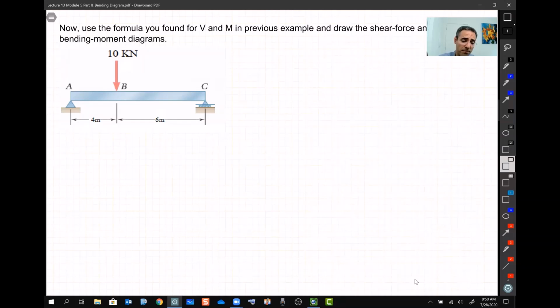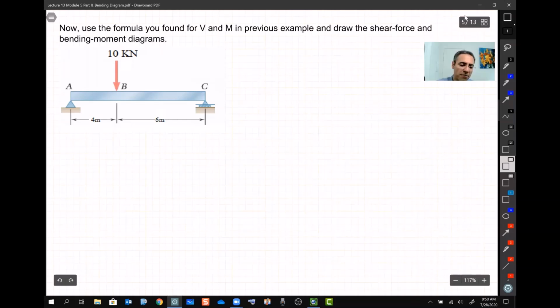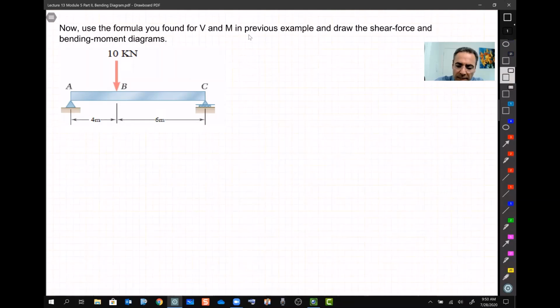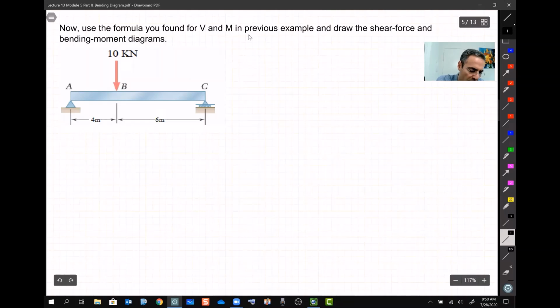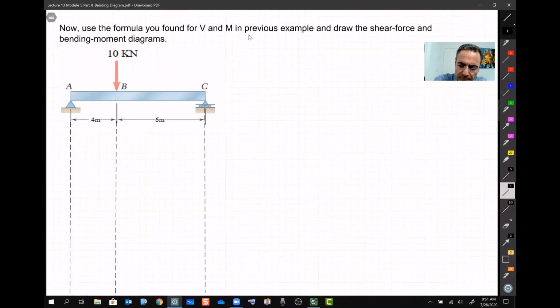Now in this example, the question is asking us to draw this V and M. It's not related to statics, it's more related to math. Let's do it quickly together. Again, I draw my boundary so I know where I am. Always try to draw these boundaries because then you avoid any mistakes.